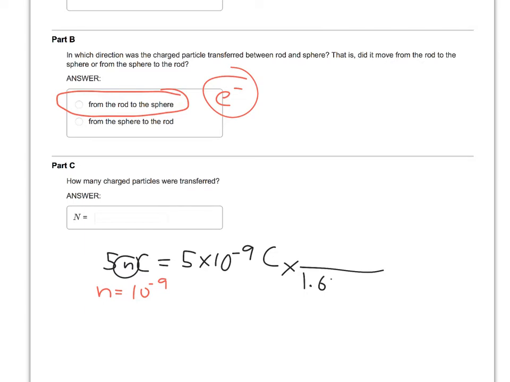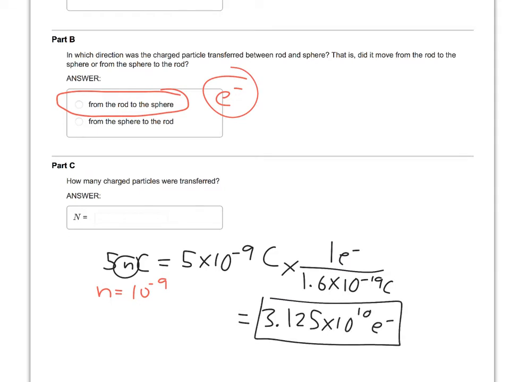One electron is 1.6 times 10 to the negative 19th coulombs, and this will allow us to find the number of electrons, and we end up getting an answer of 3.125 times 10 to the 10th electrons. That's how many particles were transferred. So rounding to 2 or 3 sig figs, we'll say 3.13 times 10 to the 10th.